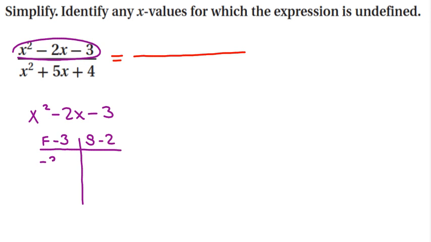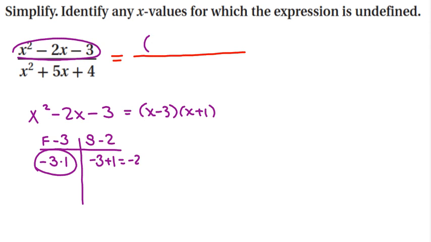So negative 3 times 1 is negative 3. Negative 3 plus 1 is negative 2. So in factored form, we're going to choose the negative 3 and the 1. So we'll say x minus 3 and then x plus 1. So in factored form, we'll put it up there in the numerator, x minus 3, x plus 1.